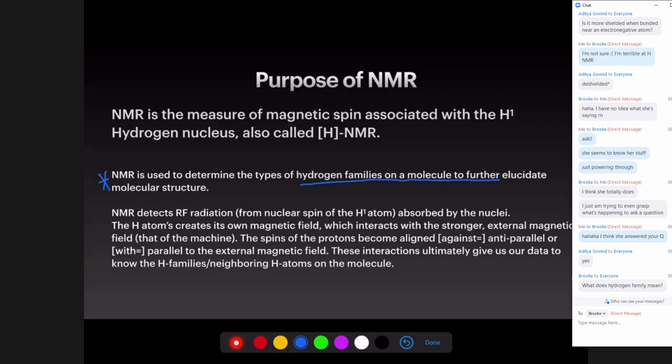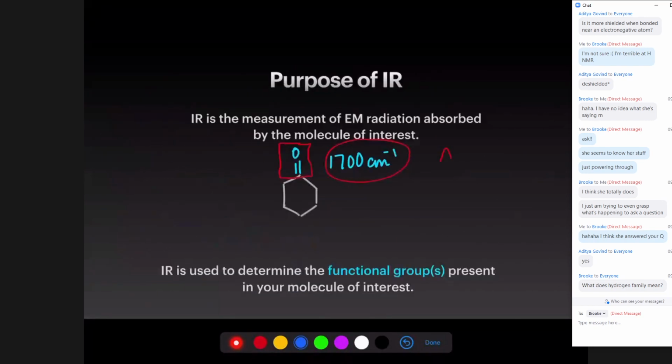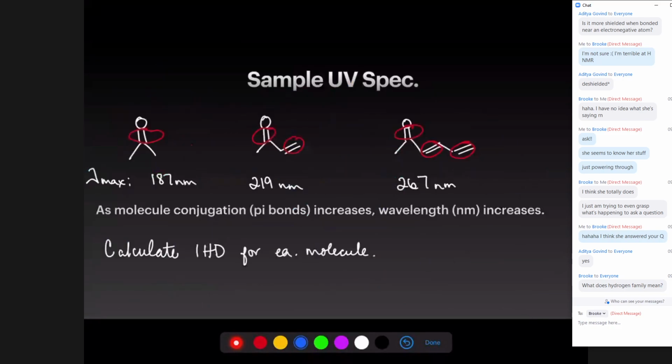Hydrogen family means, let me go back to one of my molecules. This is a great question, actually. Okay, so let's take this for example. Let's look at number one. Right here, we have 3 hydrogens on the end of this carbon. That's a hydrogen family.